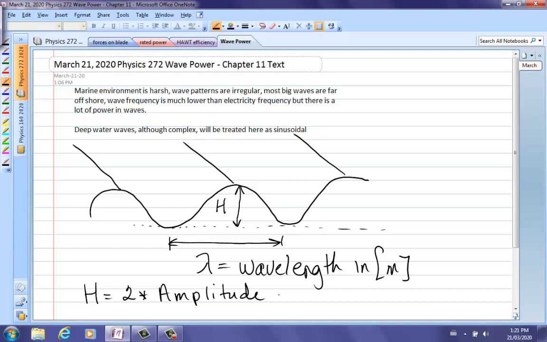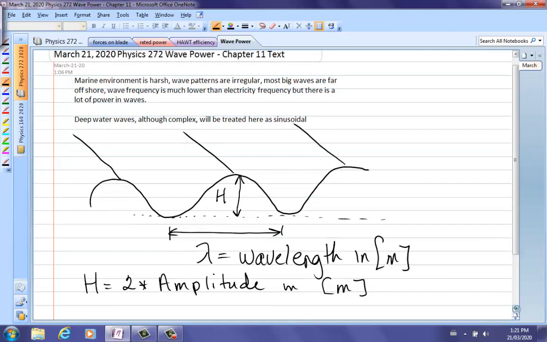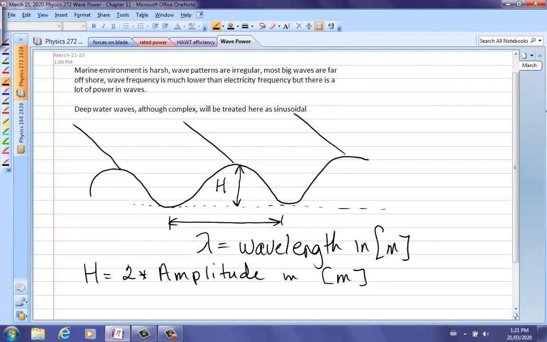So this H is 2 times amplitude, and that is also in meters. And then as the wave extends back in space, this distance here we're going to call L, and that's equal to the wave crest length. And that's also in meters.